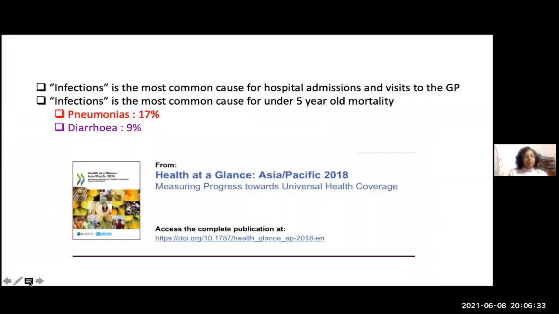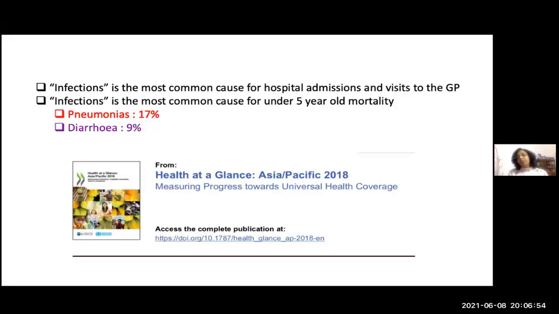Now, as you may know, infections are the most common cause for hospital admissions worldwide, and also visits to general practitioners. And infections are the most common cause for under 5-year-old mortality as well.